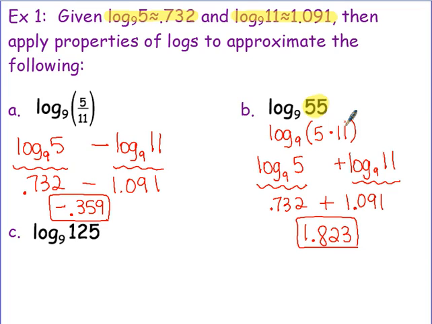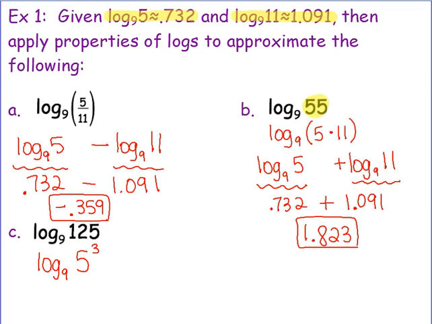As a matter of fact, if you take 125 and you divide it by 5 and divide it by 5 again, you end up with 3 5s. 125 is the same thing as 5 to the power of 3. And if you don't believe me, check in your calculator. 5 to the power of 3, you should get 125.